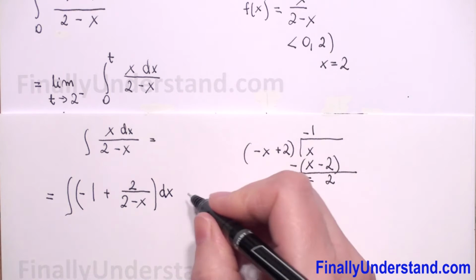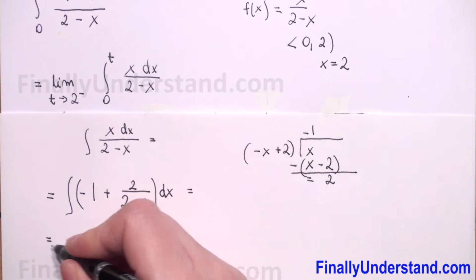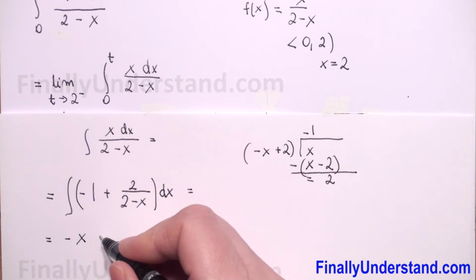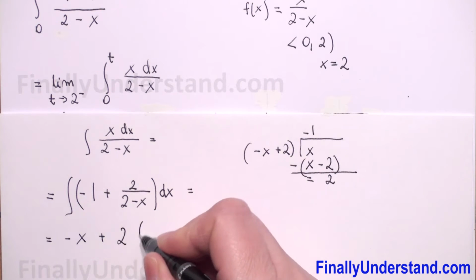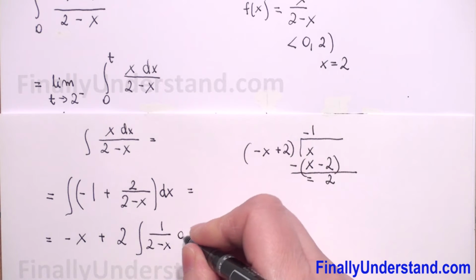We have an integral of a sum, so this is a sum of integrals. The integral of negative 1 is negative x, and plus 2, which we can take in front of the integral, times the integral of 1 over 2 minus x dx.